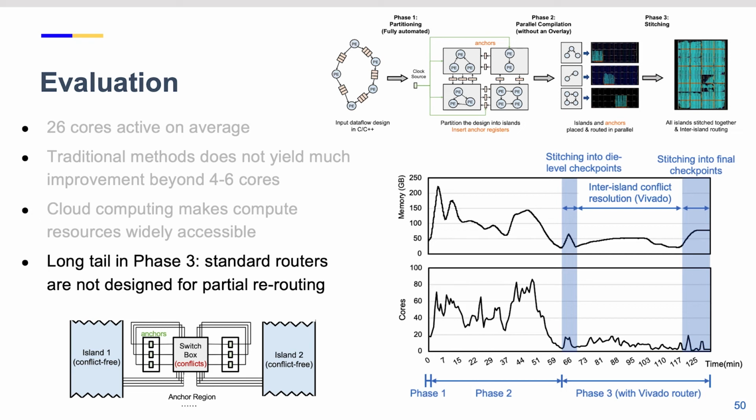That corresponds to phase 3. Remember that we need to invoke the router again after stitching to resolve the inter-island conflicts. However, existing commercial routers are not designed to handle local partial routing, and therefore have a large runtime overhead.